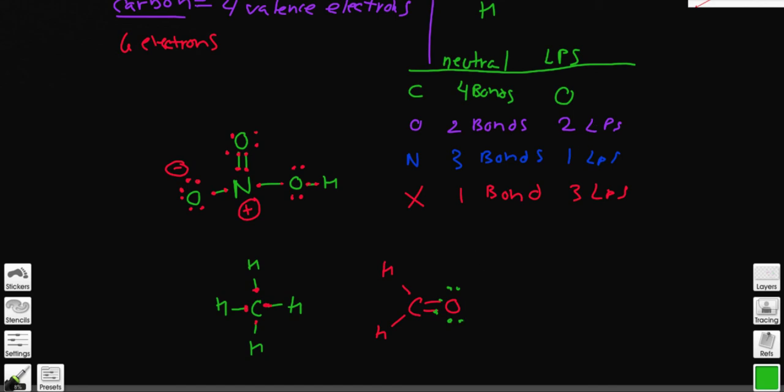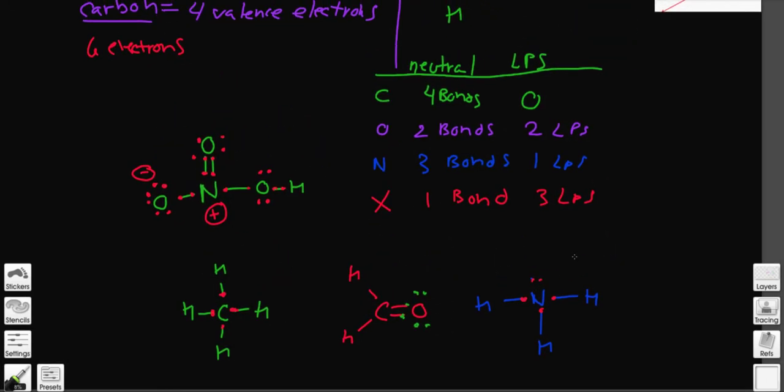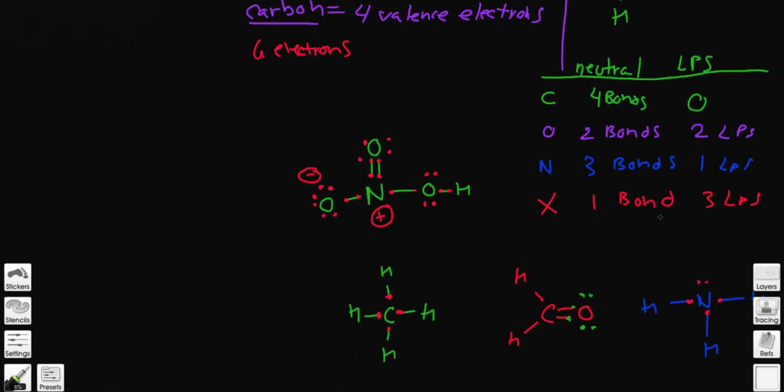Now let's look at nitrogen. Let's say 3 bonds here, and we draw an H, another H, and another H. And here are the electrons: 1, 2, 3, 4, and 5. So 5 electrons, meaning nitrogen has 3 bonds and 1 lone pair, so it's neutral. Now finally, let's look at halogens.